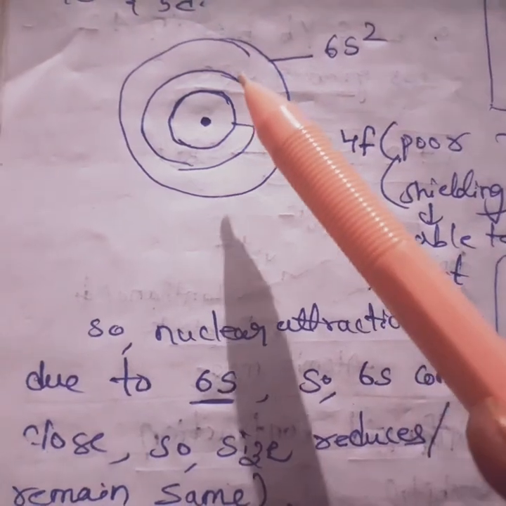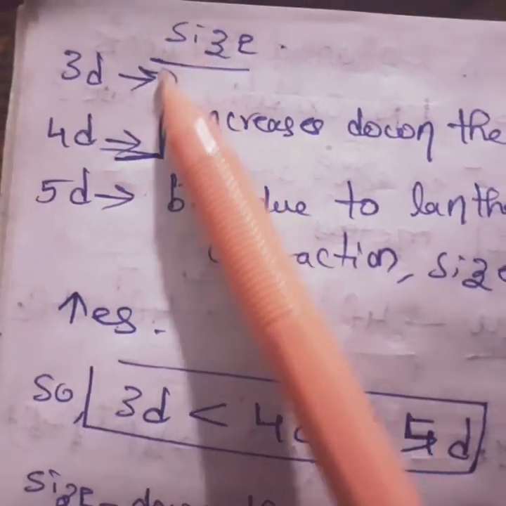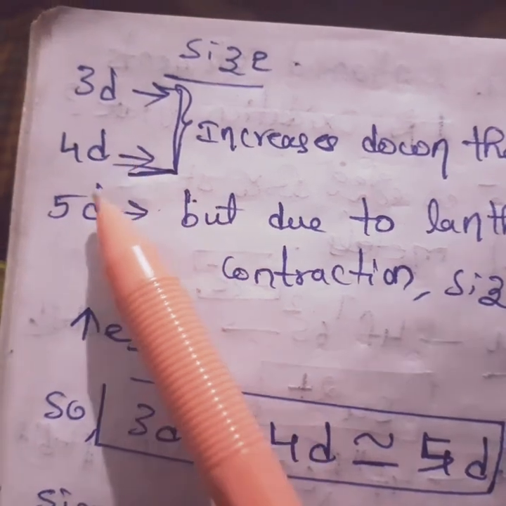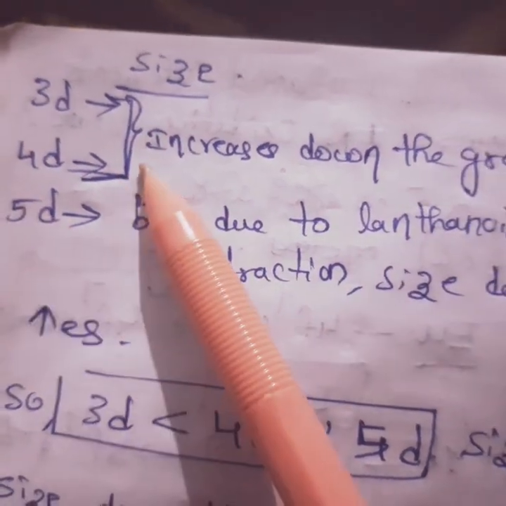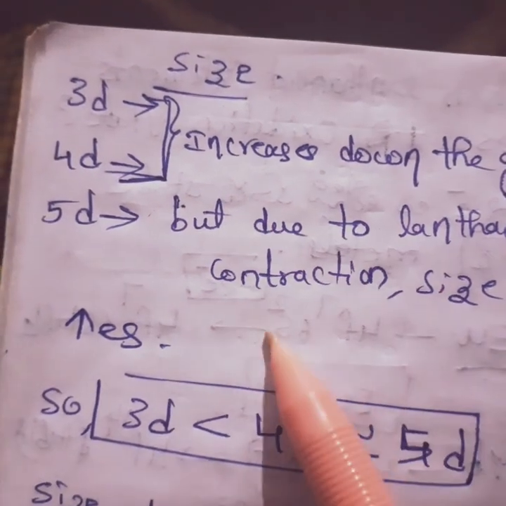Let us see the application part of this lanthanoid contraction. Already we know that from 3D to 4D or 4D to 5D, usually the size increases. Size increases down the group.